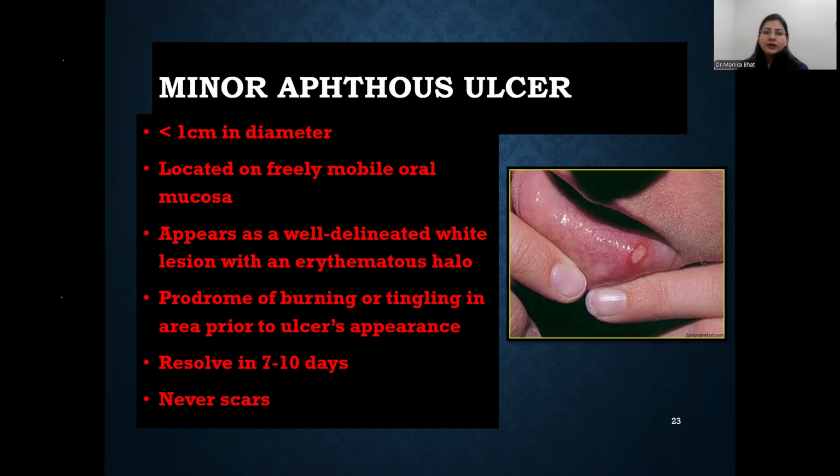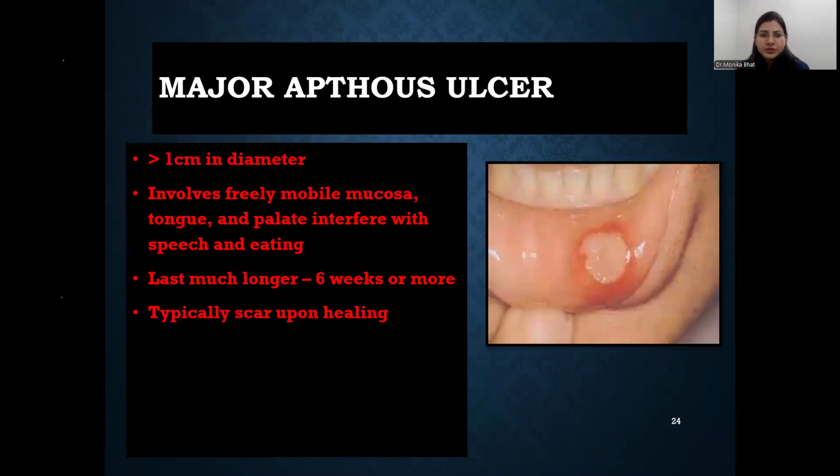The characteristic of this type of ulcer is that it heals without scar formation. The other type is the major aphthous, which tends to last more than 6 weeks and heals with scar formation. The basic difference between the two can be a viva or MCQ type of question.